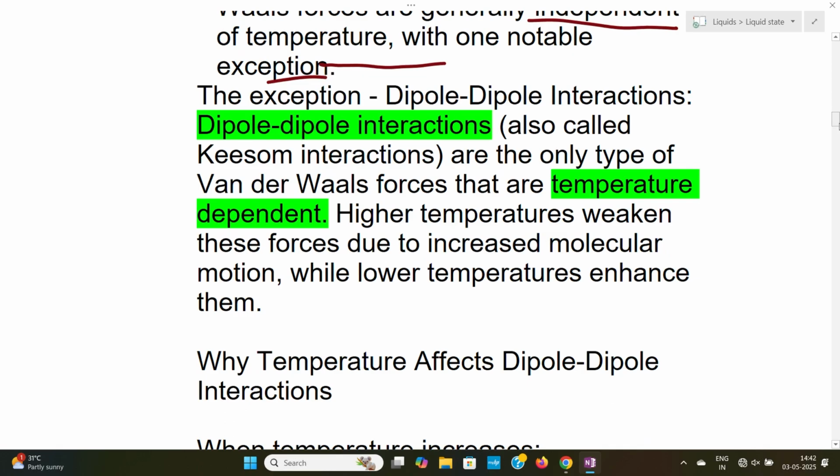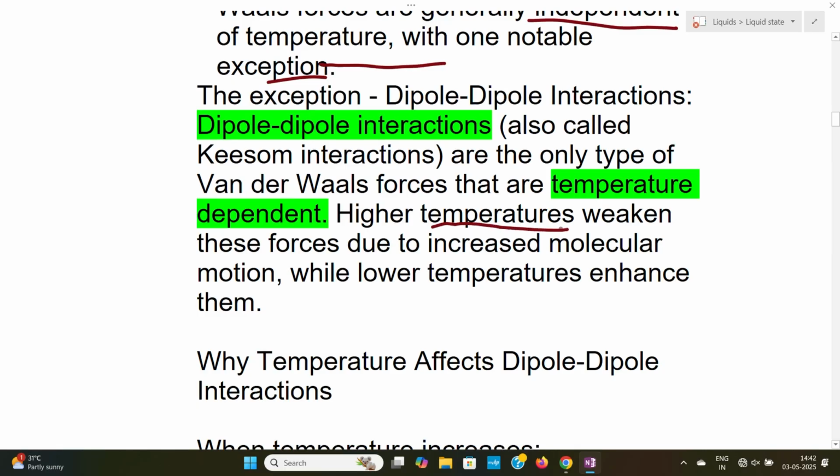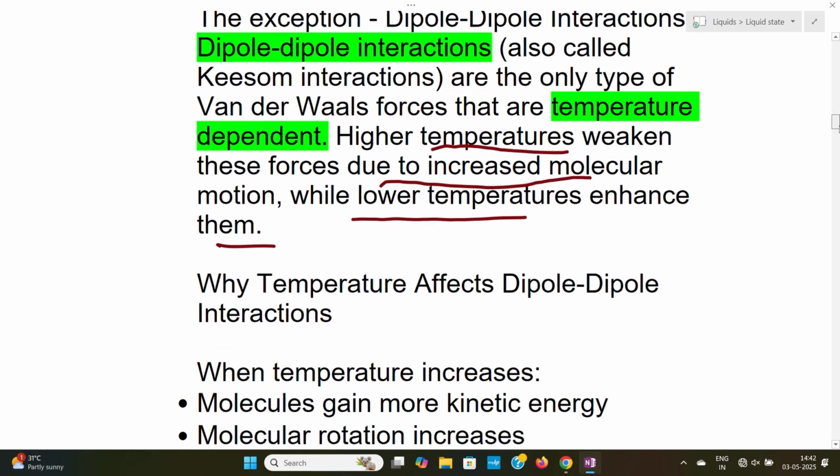These dipole-dipole interactions are temperature dependent. Higher temperatures weaken these dipole-dipole forces due to increased molecular motion, while lower temperatures enhance them. How does temperature affect dipole-dipole interaction?